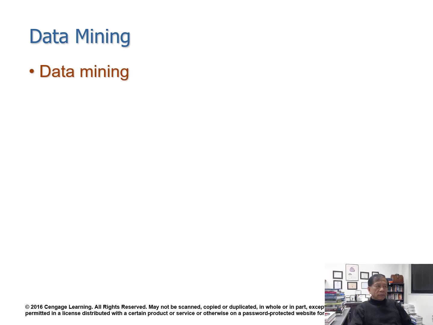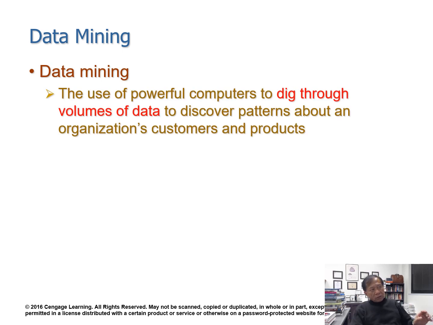Data mining. What is data mining? It's going to be on your test. Data mining is the use of powerful computers to dig through volumes of data, lots of data, to discover patterns about an organization's customers and products. Let's see, your Walmart has tons of scanner data.